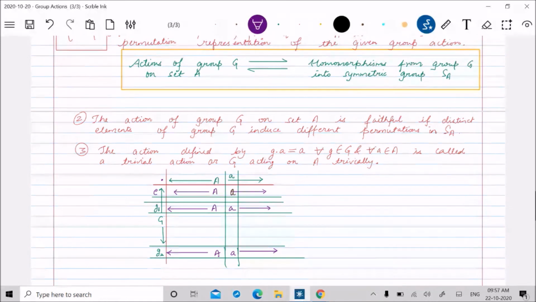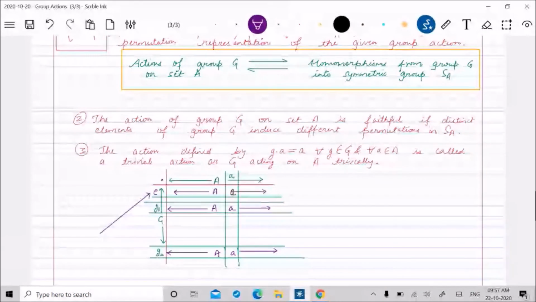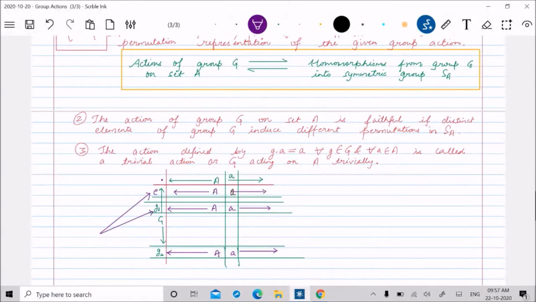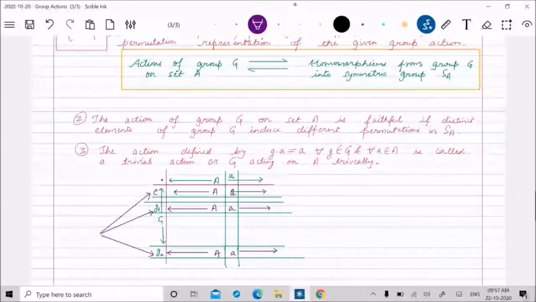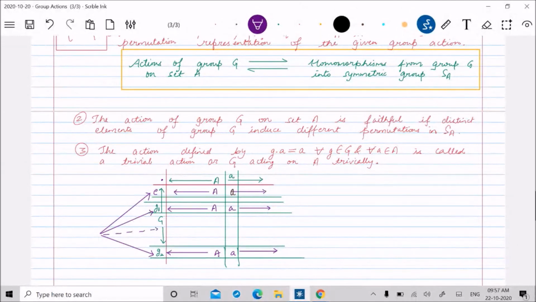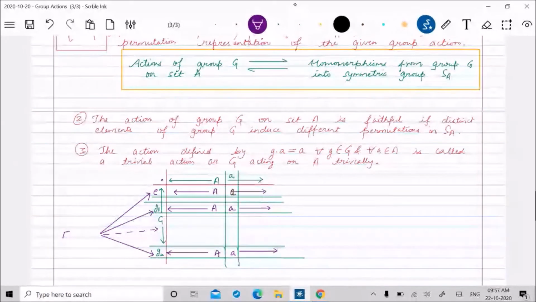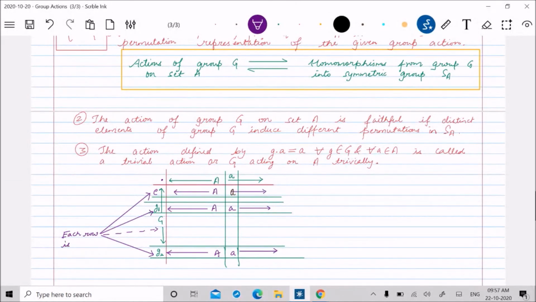You can see that each of these rows is identical to the top row, right?